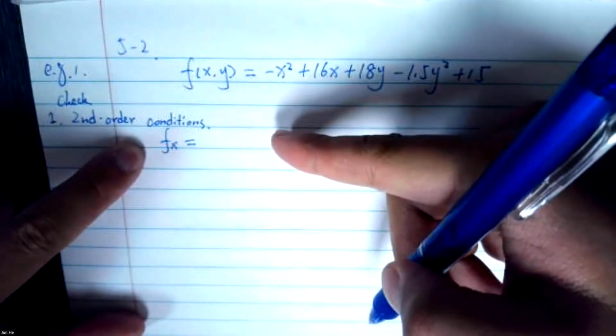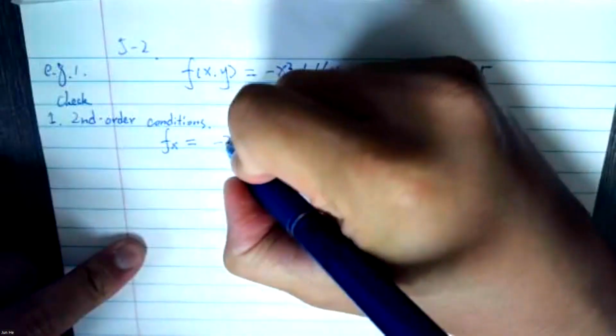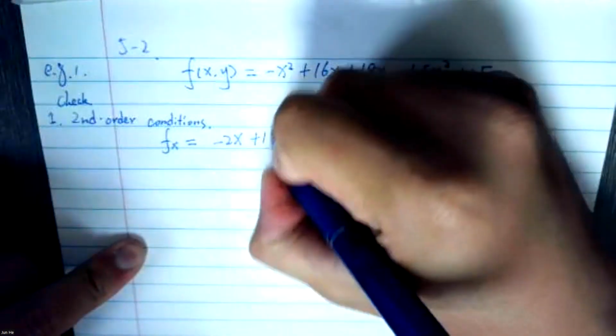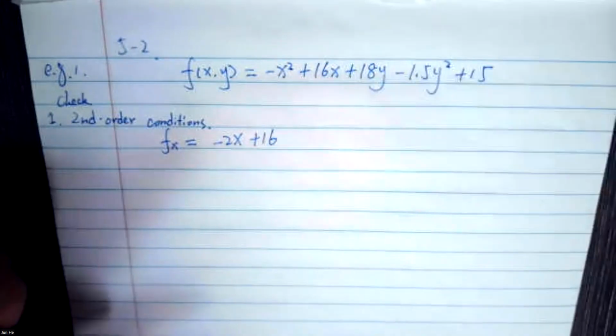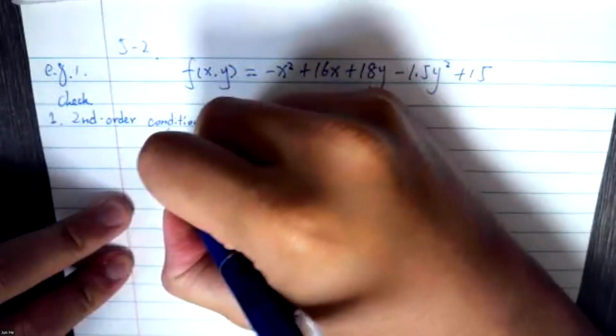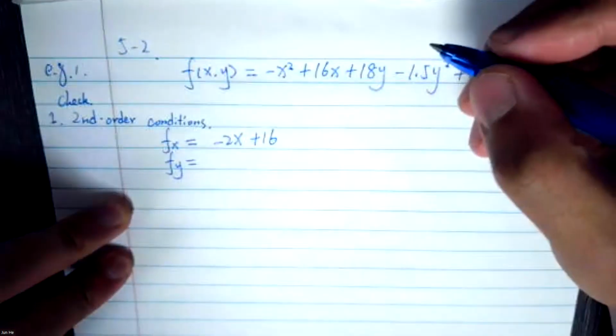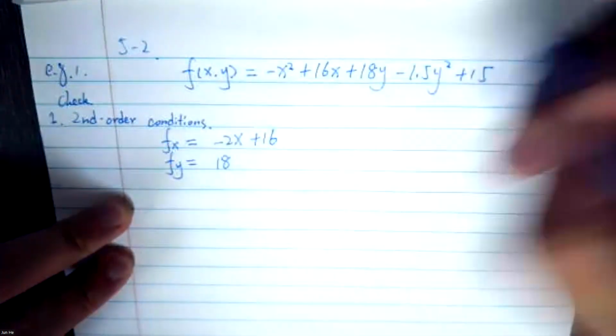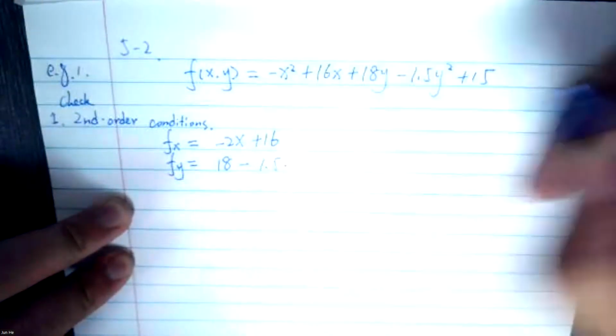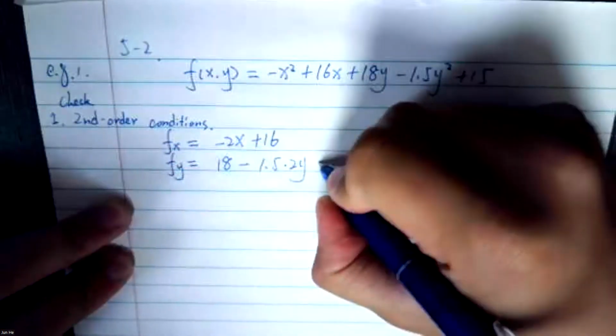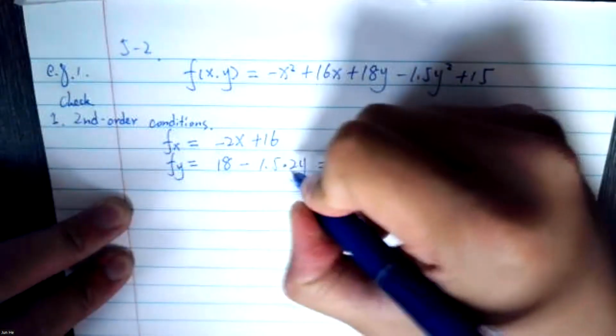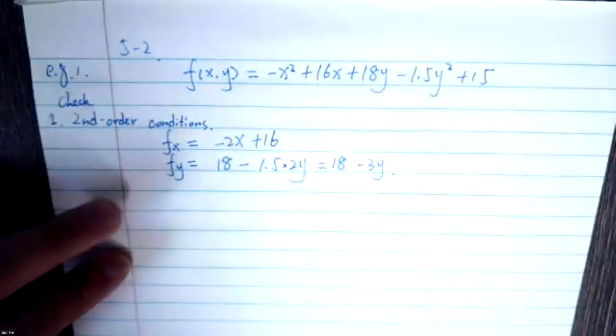So f partial x is minus 2x plus 16. That's it. F partial y is 18 minus 1.5 times 2y, which is 18 minus 3y.